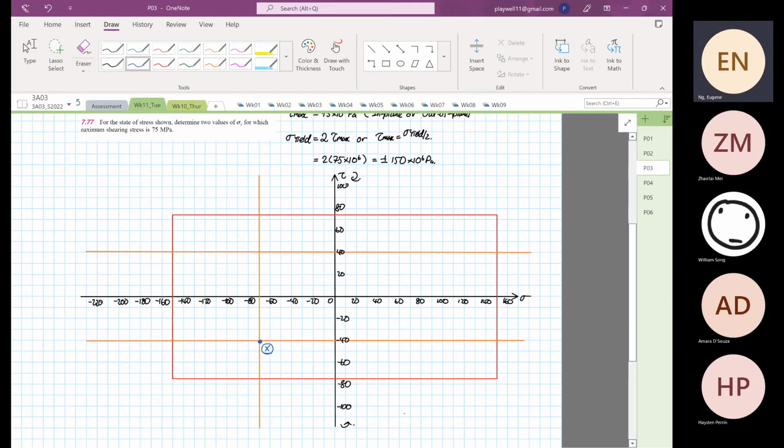So we can also determine, or let's calculate, where our stress average points are. Okay, so there are two possibilities, right? So what do I mean by that?